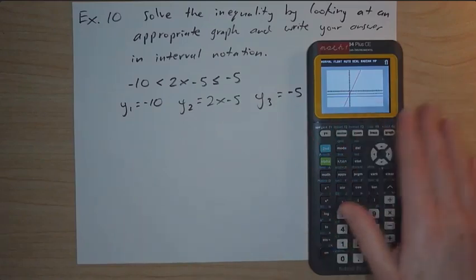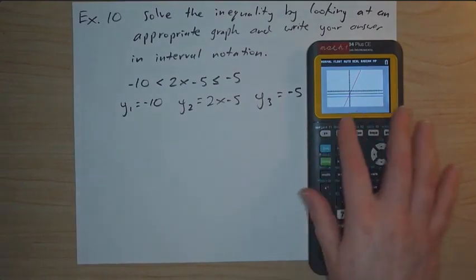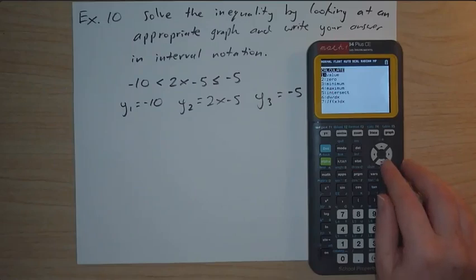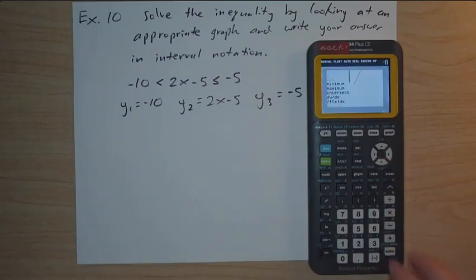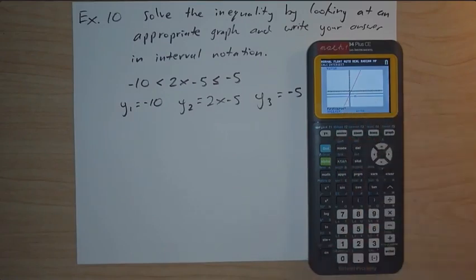Now that we actually have it zoomed properly, we're going to figure out where they intersect. So we have second trace for calc. We're going to go to 5 intersect. And we want to figure out these little points right here where they intersect.